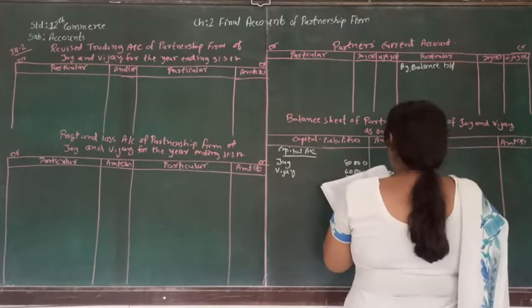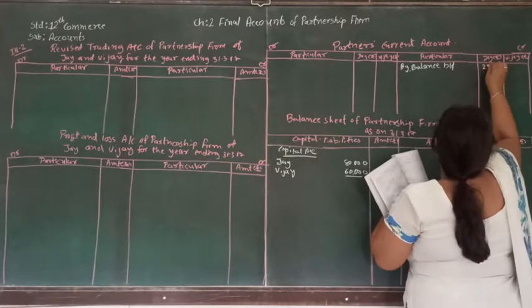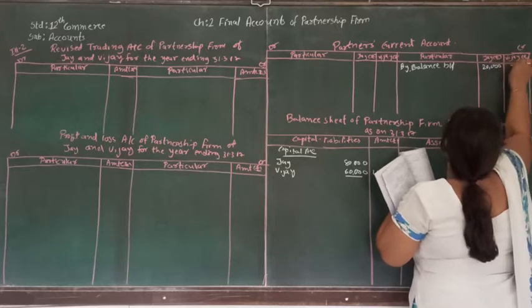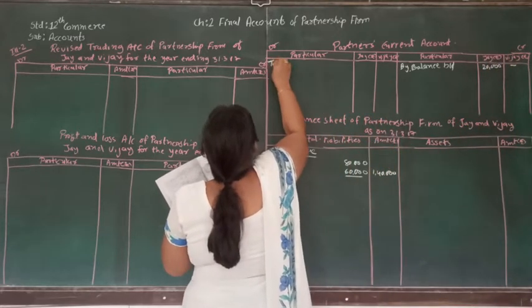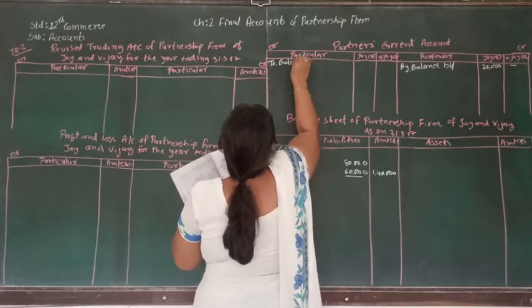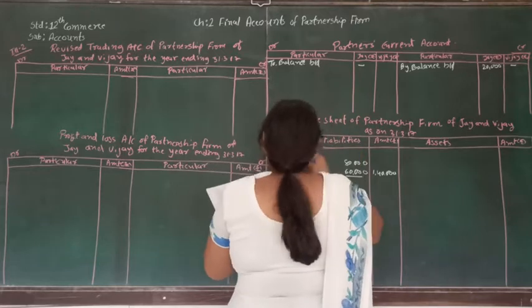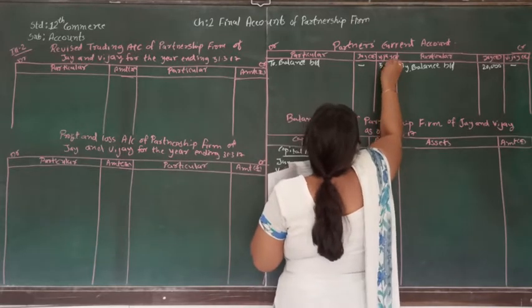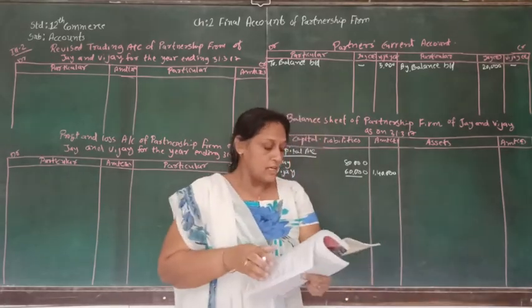The balance of Jay's account is 20,000, and for Vijay it is on the debit side, so again we write to balance brought down, and in the column of Vijay's account we write 5,000. This is the opening balance of current account.